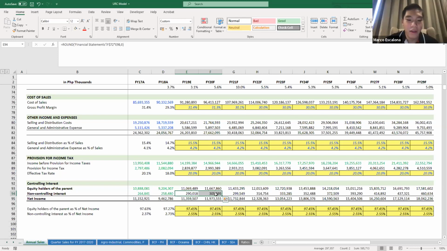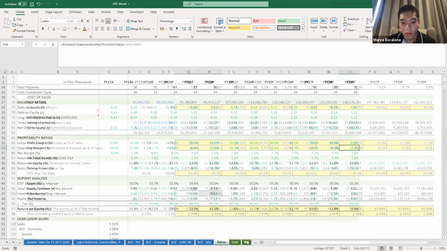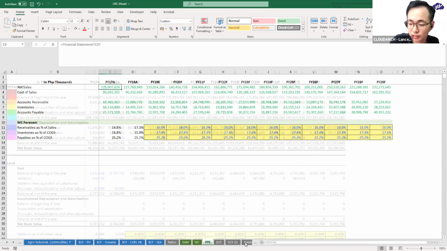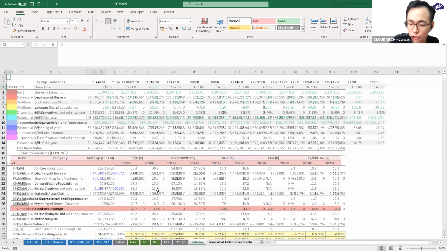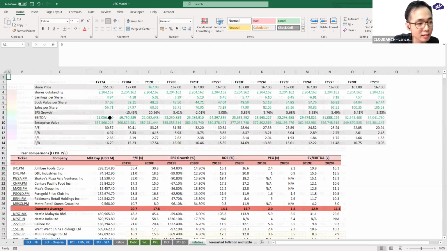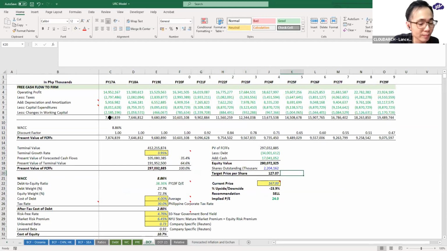But if it's significant, how do we take that into consideration? If it's like half, let's say, of the net income? Then what you can do is the usual approach, just so you don't overthink it.